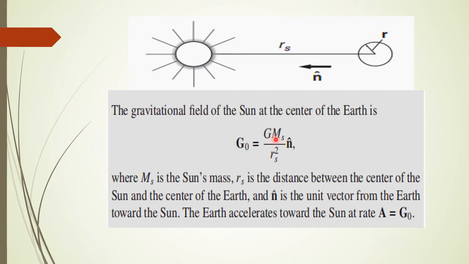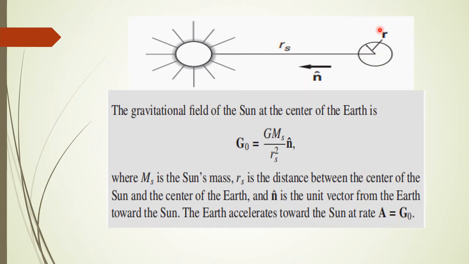Ms is the sun's mass, Rs is the distance between the center of the sun and the center of the earth, and n is the unit vector from the earth towards the sun. In this direction the field is applying. So the earth is accelerating towards the sun at this rate, a equals G0. This is the acceleration of the earth towards the sun.